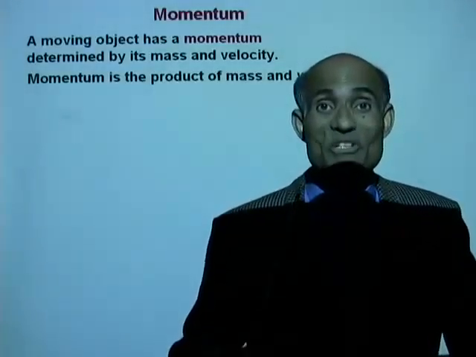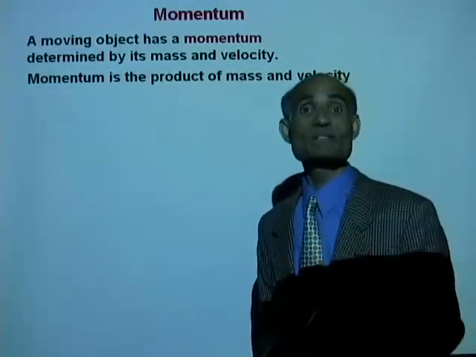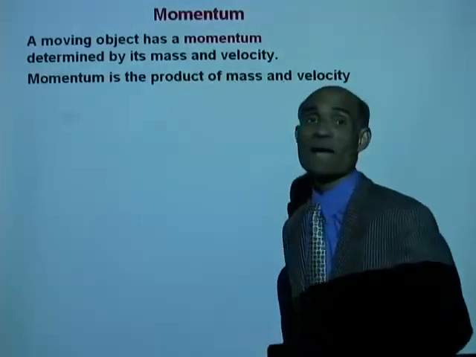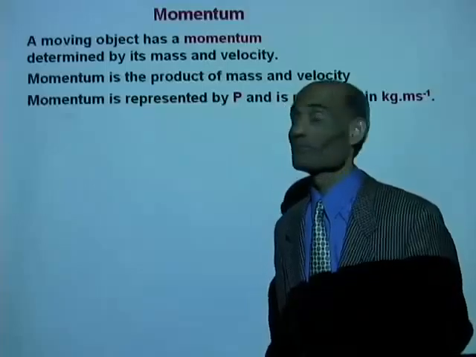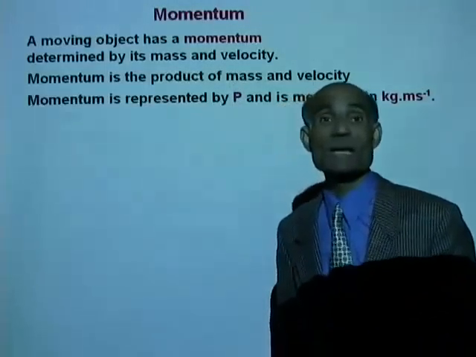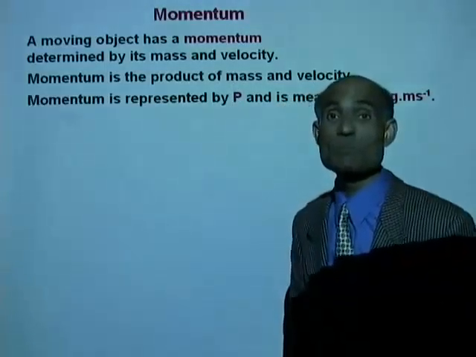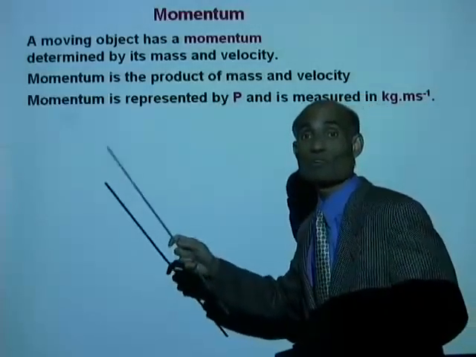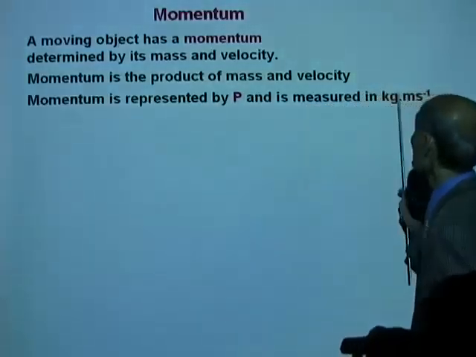And how do you measure momentum? Momentum is measured as the product of its mass and velocity. We will represent momentum by the uppercase P, and if you measure momentum as the product of mass and velocity, what will be its unit?